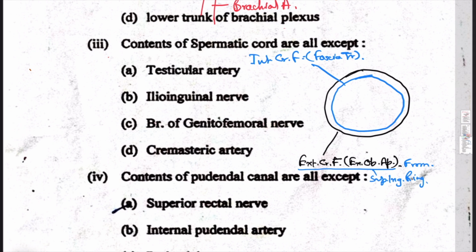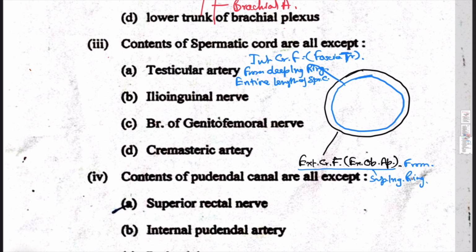So this internal cremasteric fascia will be coming from the deep inguinal ring and will cover the entire length of the spermatic cord. Another important point is that you will find this along the entire length of the spermatic cord.